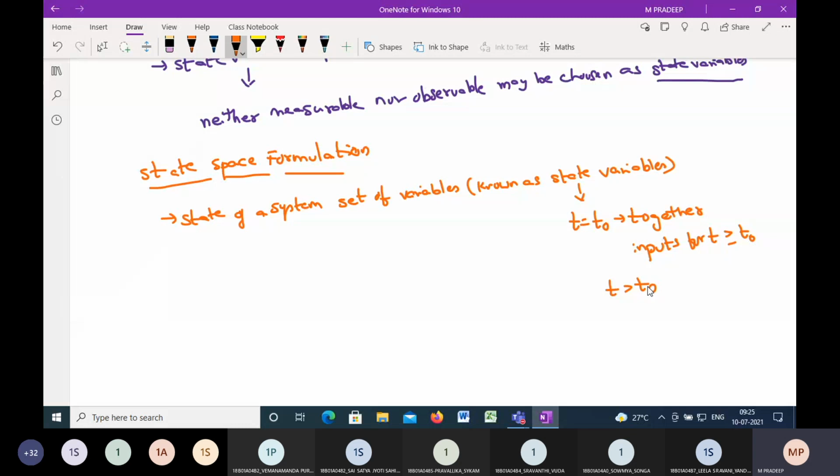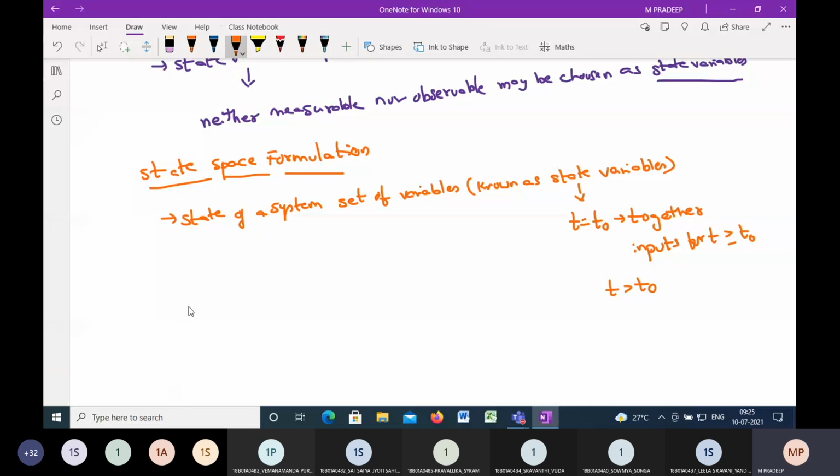So in this particular case, what is the set of variables which we use to describe the system at any time instance? We are going to call them my state variables.